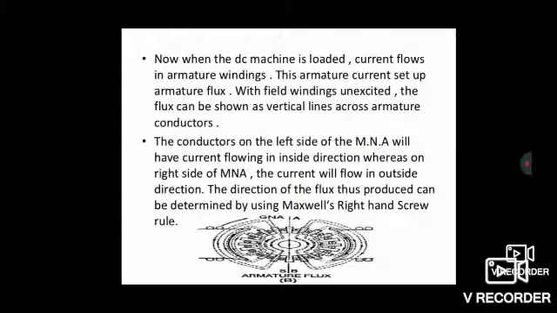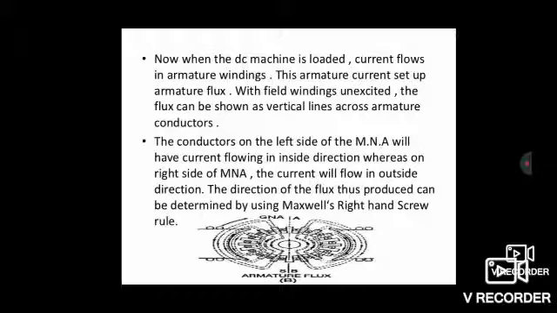Now, when the DC machine is loaded, current flows in the armature windings. This armature current sets up armature flux. With the field windings unexcited, the flux can be shown as vertical lines. See the diagram. The flux can be shown as vertical lines across the armature conductors. The conductors on the left side of the MNA, that is the magnetic neutral axis, will have current flowing in the inside direction, whereas on the right side of the MNA, the current will flow in the outside direction.